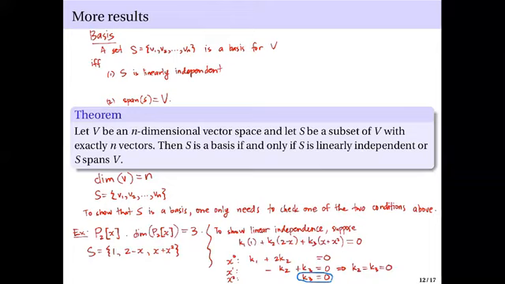So k2 is also equal to 0. And then from the first equation, we will have k1 equals negative 2k2, but k2 is equal to 0 now. So this is equal to 0.